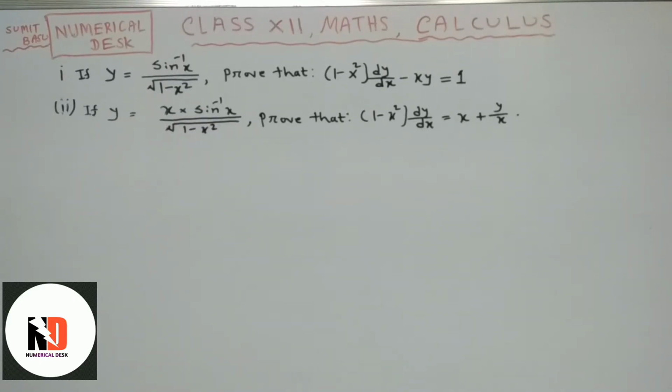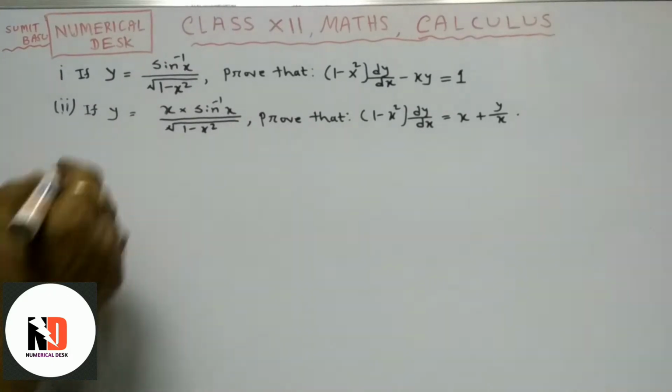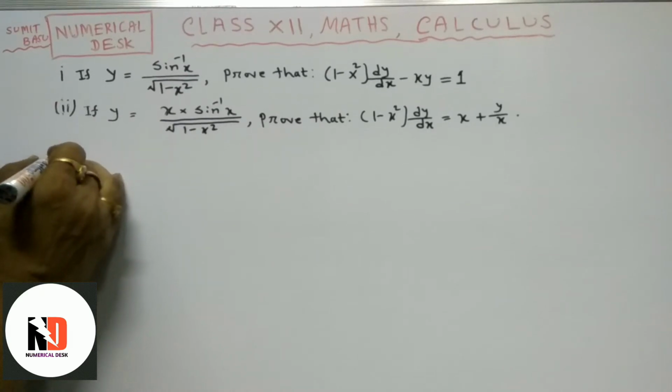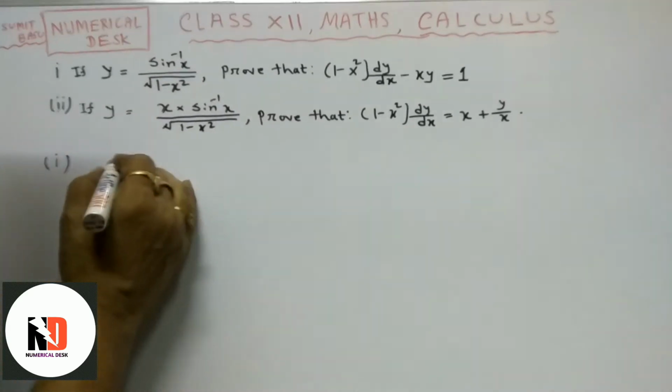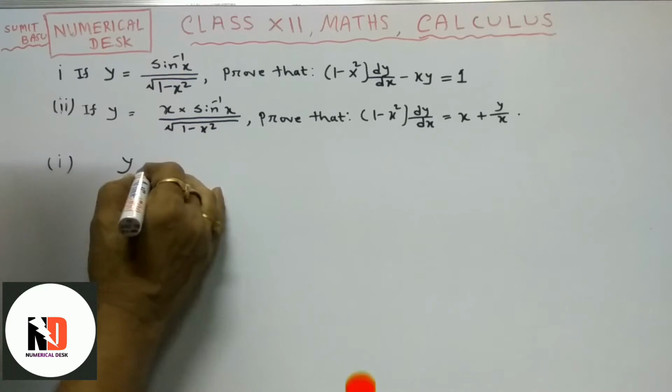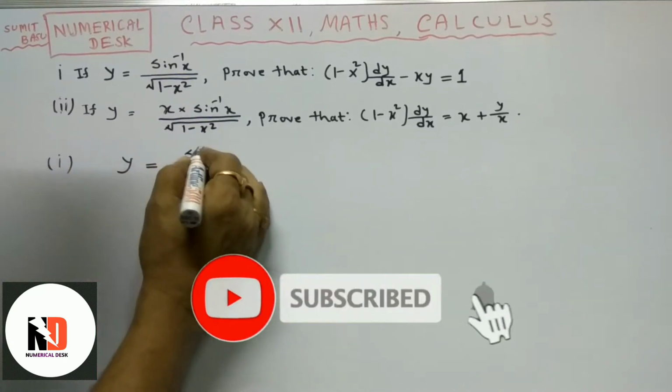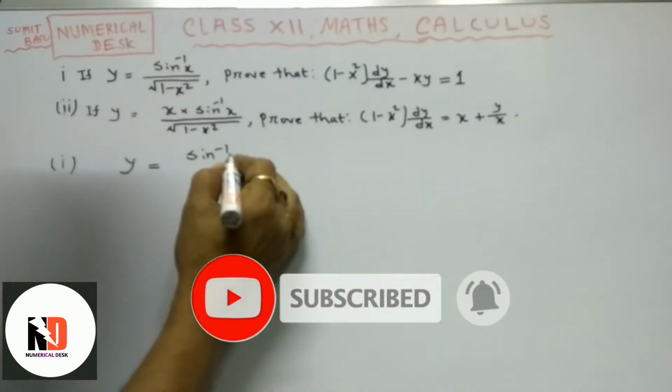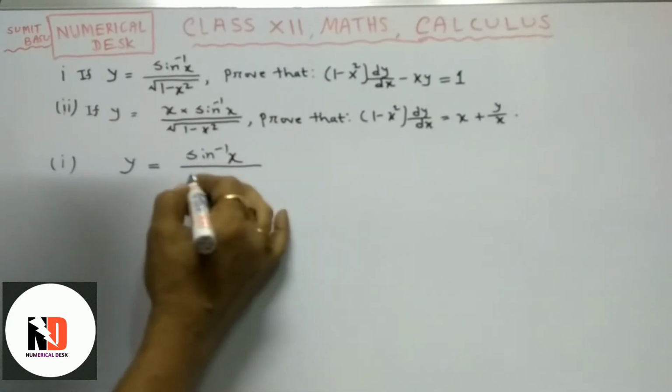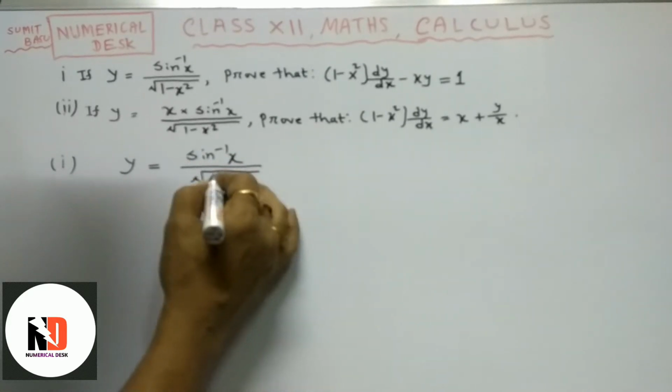The first sum is y equal to sin inverse x by root over 1 minus x square, where the second one is x into. Look the difference. The first one there is no x into, while in the second there is x into. So be very careful. So first let us do the first one.